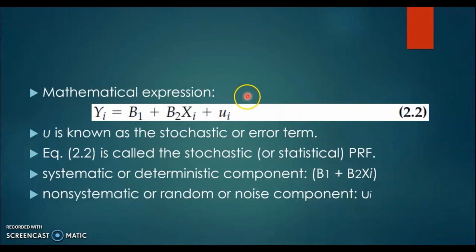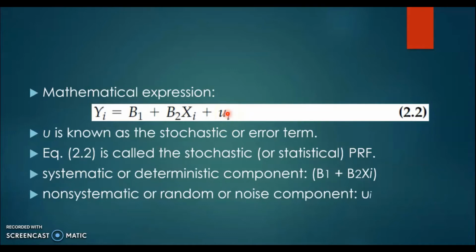we can introduce another component in the equation. That component is called the stochastic term, which can also be referred to as the random or error term, the mu here as represented in equation 2.2.